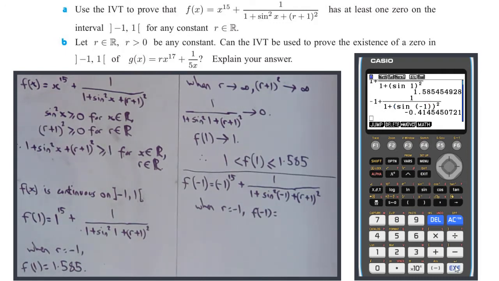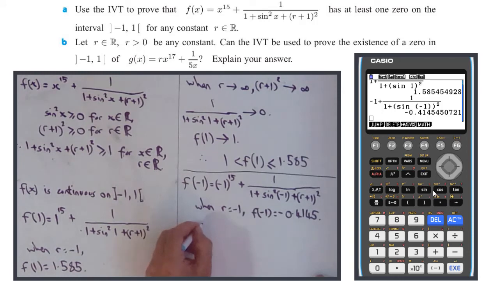So let's have a look at that. That gives us an answer of minus 0.4145. Okay, so it's negative. It's a good sign.